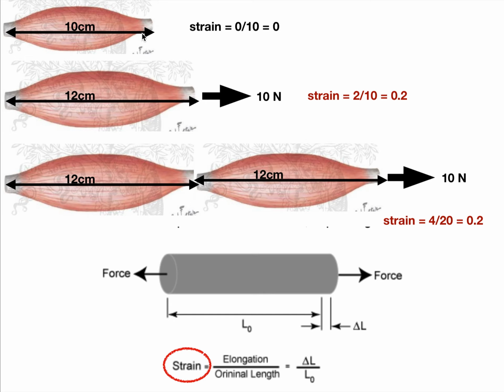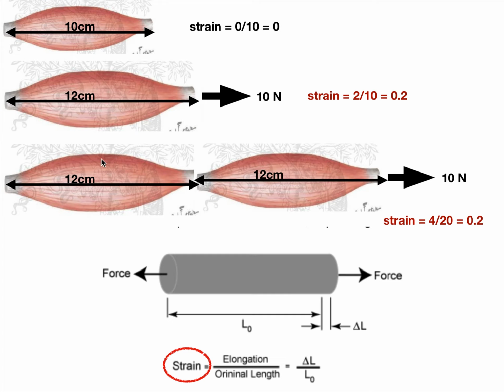Because it's originally 10 centimeters. And we apply force to it. It extended for 2 centimeters. So delta L is 2 divided by original length, which is 10. So we got 0.2. Then we put two muscle fibers in series, or we can consider it as a longer muscle. And we apply the same force to it, each muscle fiber will extend the same amount.